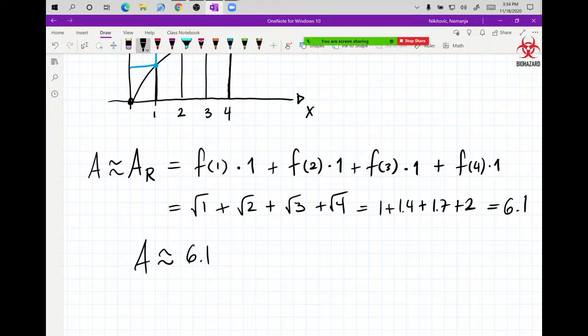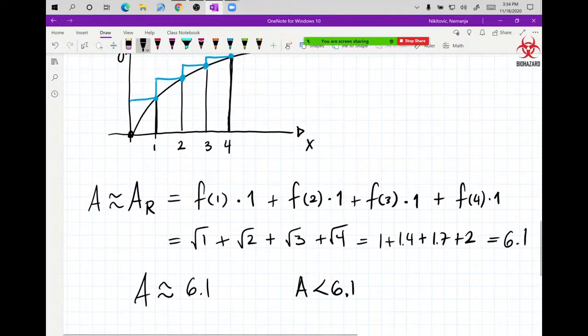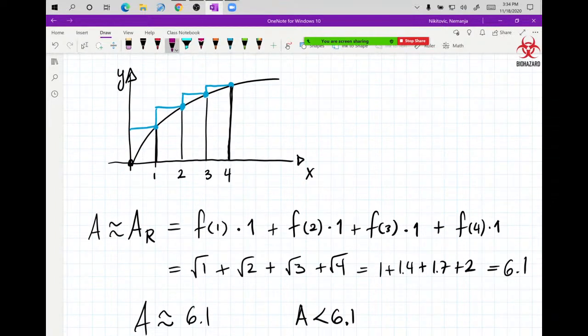We know it's not. It's approximately 6.1. And we also know that the true area is actually smaller than 6.1. Because look, you calculated into your area all of this that it's actually not part of your area. So the number you are getting is actually bigger than the number that you're looking for, because it has error in it, all of these values there.